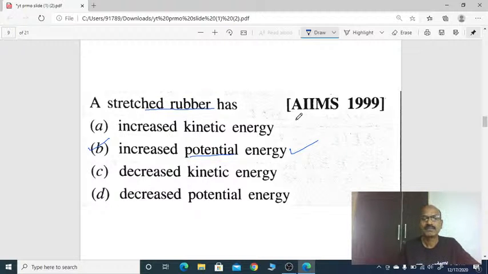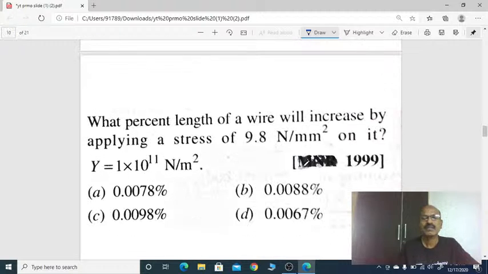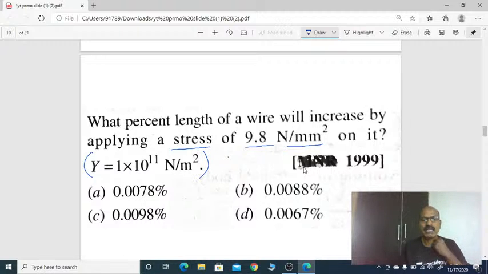Next one. What percent length of a wire will increase by applying a stress of 9.8 Newton per millimeter square on it? Young modulus of the wire is given.